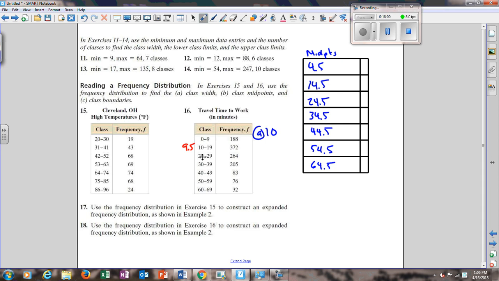It'd be 9.5, 19.5, 29.5, 39.5, 49.5, 59.5, and then your last one, 69.5. The only reason you really need the beginning and end ones is so that your chart looks right whenever you do a histogram for it. But it really doesn't matter.